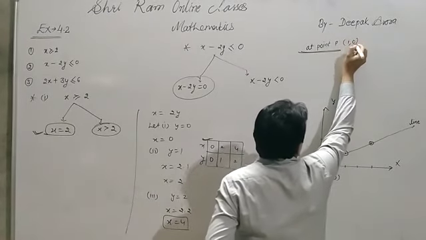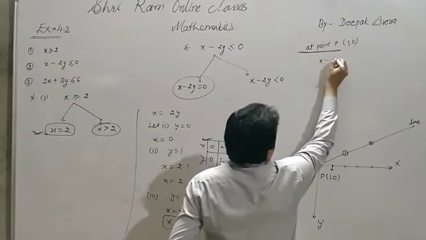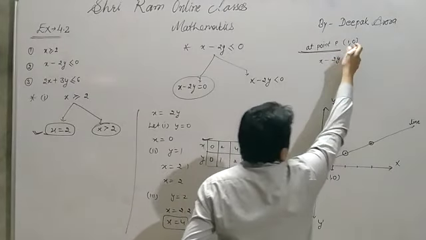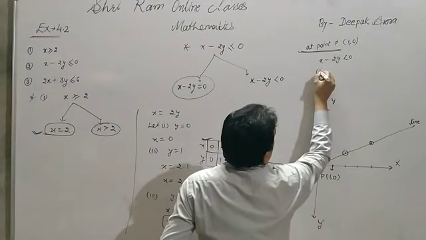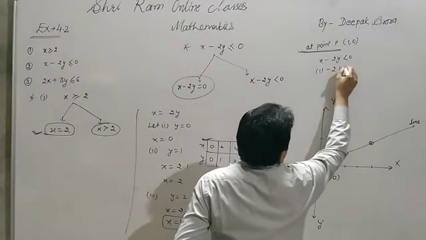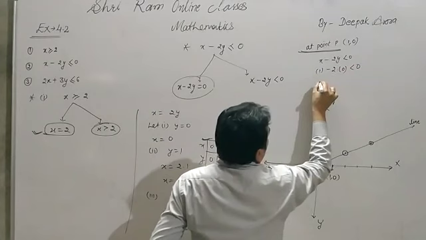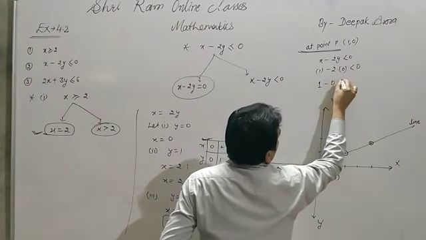At point P (1, 0), the inequality is x minus 2y less than 0. Put the value of 1, 0 in the equation. Then the value will be 1 minus 2 times 0 is less than 0, so 1 minus 0 is less than 0.